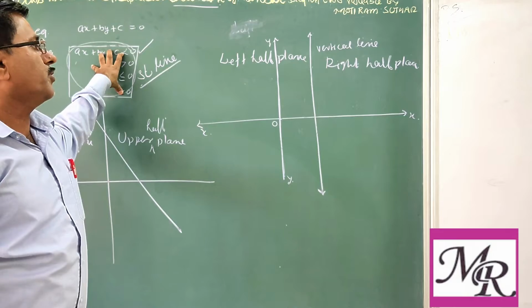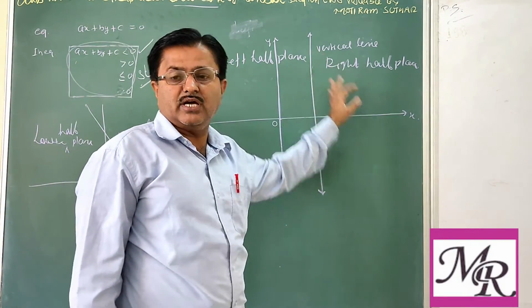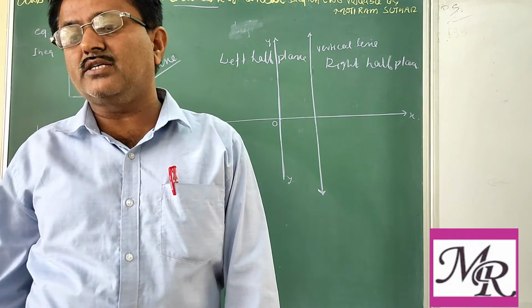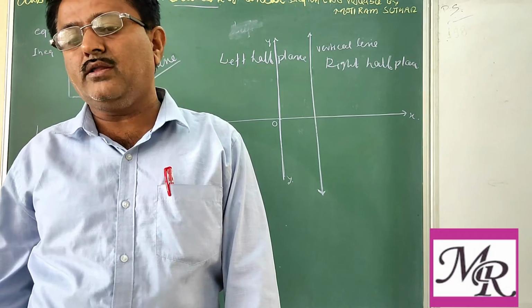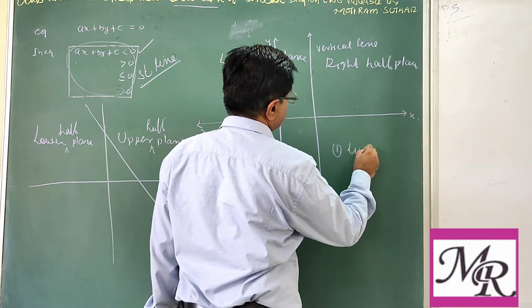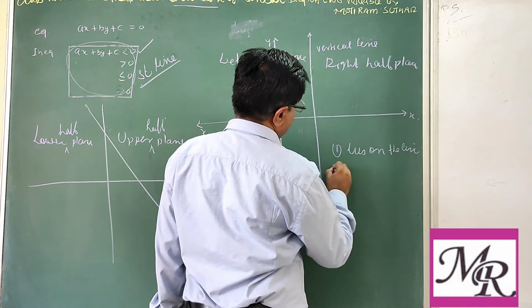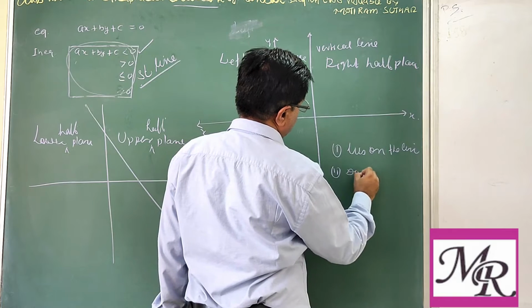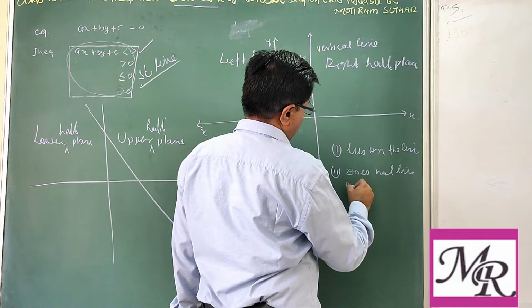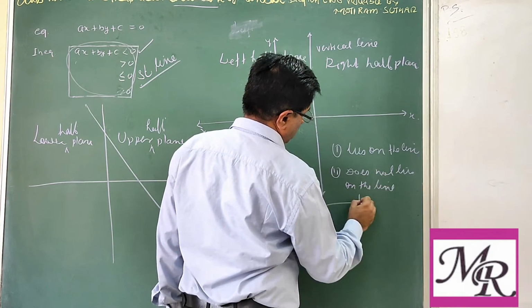So when we are considering any point in the plane, first, a point lies on the line. Second, it does not lie on the line. So again there are two cases.